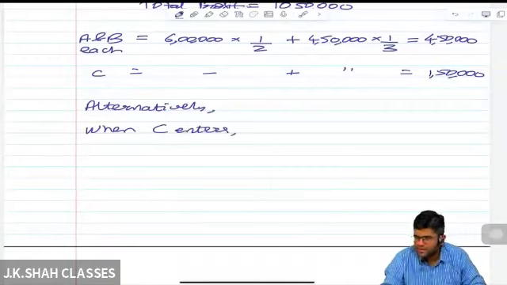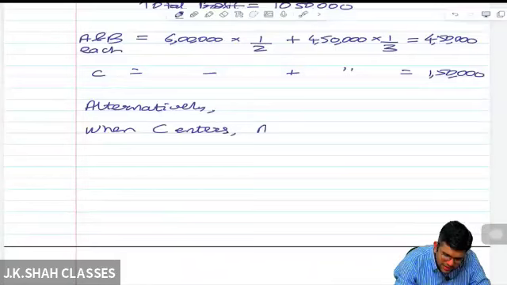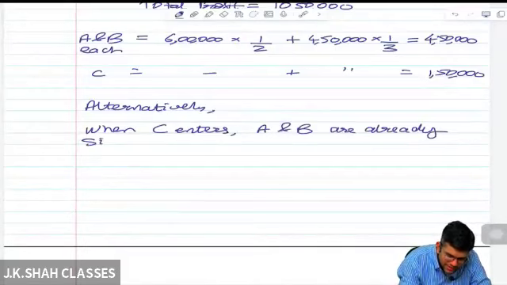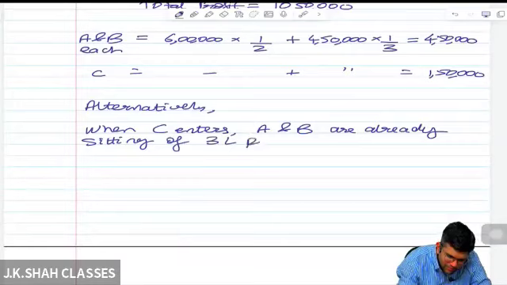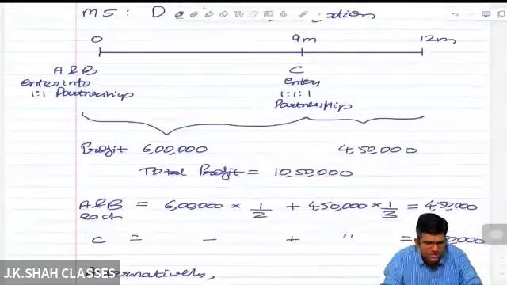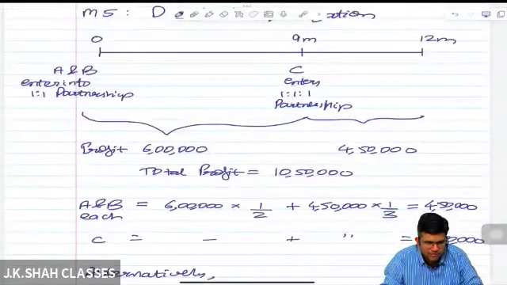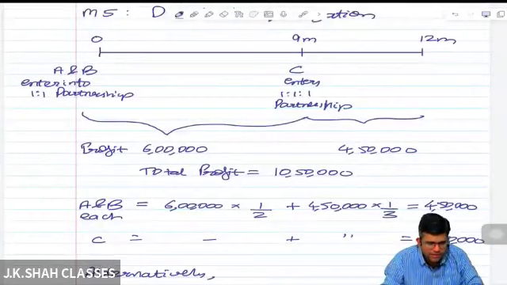When C enters, can I say A and B are already sitting on 3 lakh profit each? Are you able to understand? When C is entering, 6 lakh is the profit already there in the firm. So 3 lakh is already the profit in their name. Everyone clear till now?